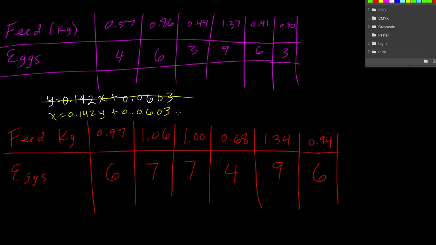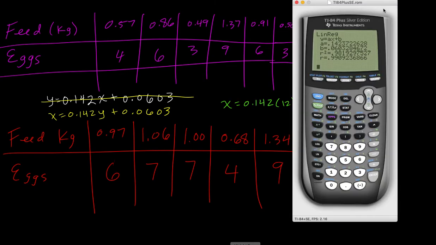Okay, from here, they want us to find the quantity of feed required for a chicken to lay a dozen eggs. So that means our y values are our eggs, and so we just need to plug in a 12. And go to my calculator.